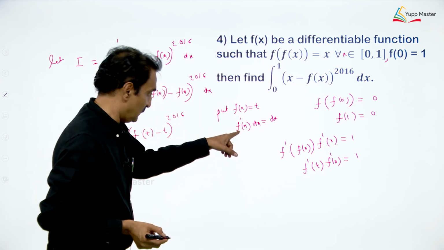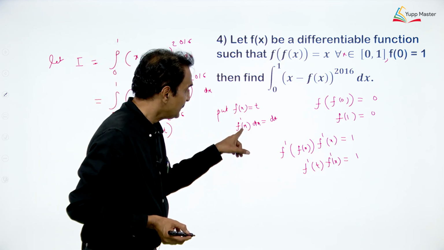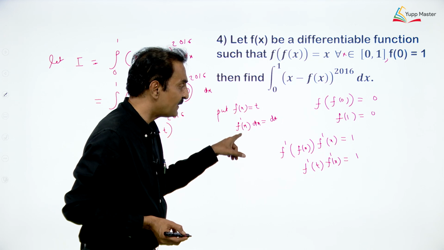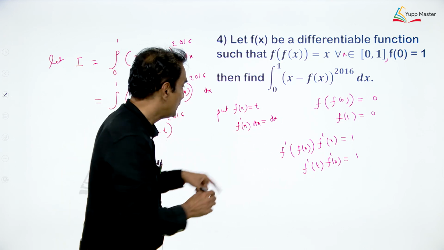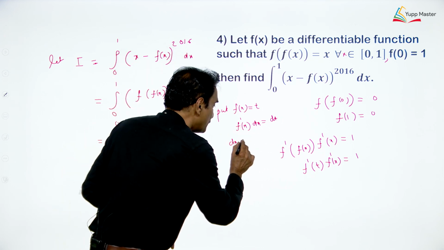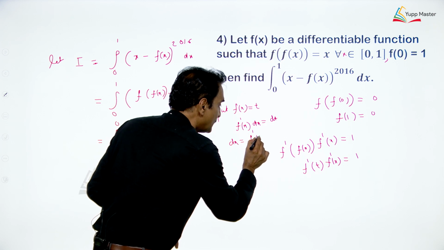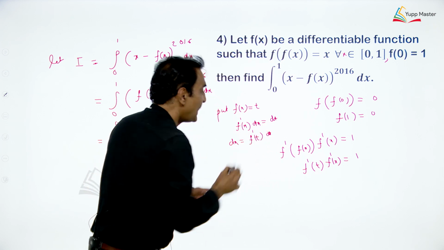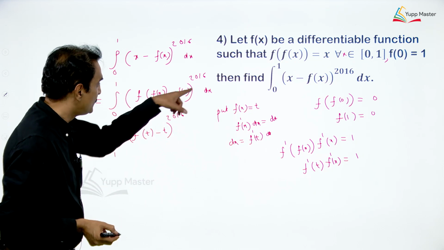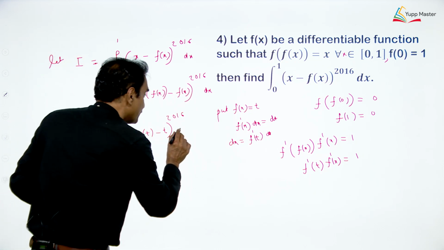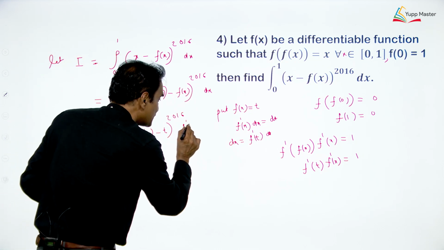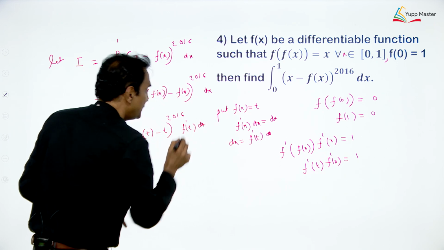Then writing f dash x as 1 by f dash t, you will get dx is equal to f dash t dt. So, here this dx will be f dash t dt, right.